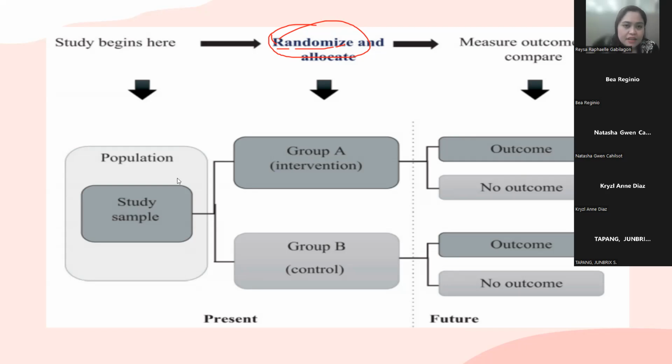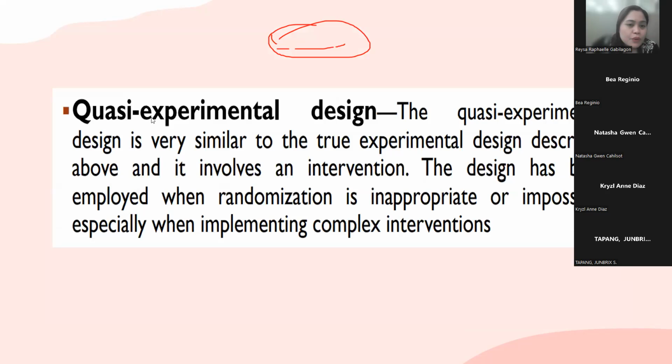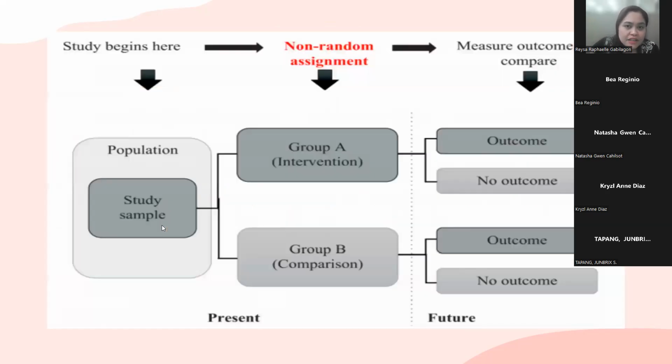Okay? Now we have the so-called quasi-experimental research design. This is actually the same with the experimental research design, but without the randomization. So if we are going to look at the illustration, we have the same here.